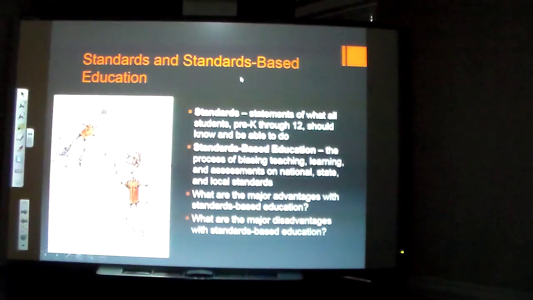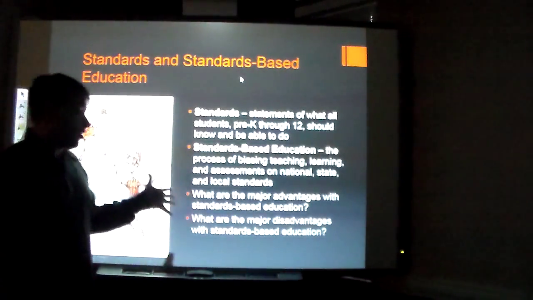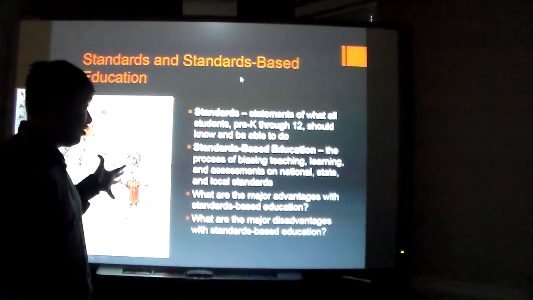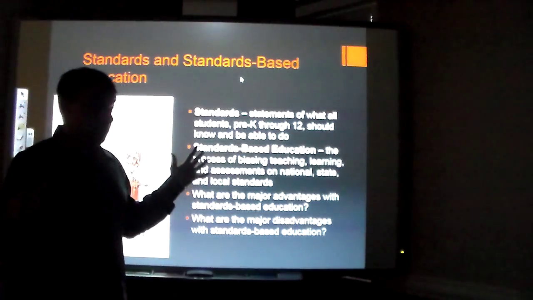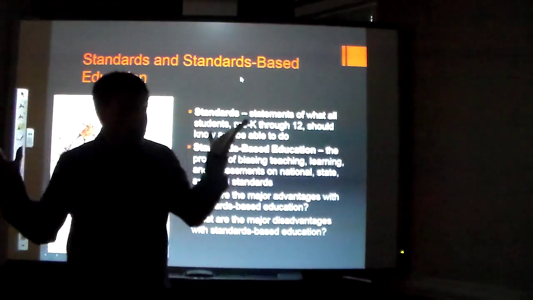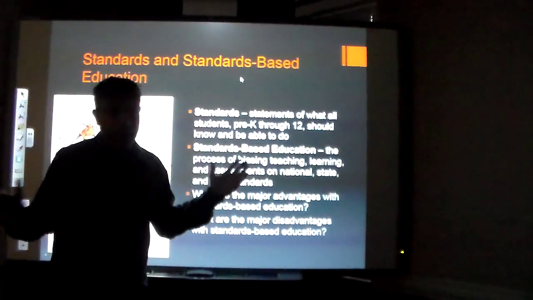When you do standards-based education, you change your teaching and learning based on national, state, and local standards. The advantages of standards-based education are that kids are learning the same things in certain grades depending on the location. The major disadvantage with standards-based education is essentially the fact that you're taking away the creativity from the teachers and different kids need different things.